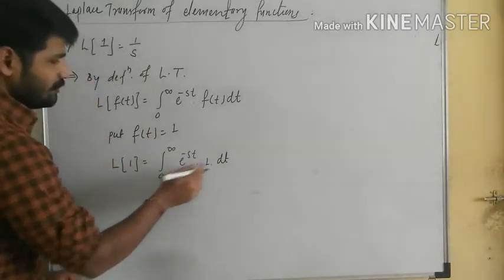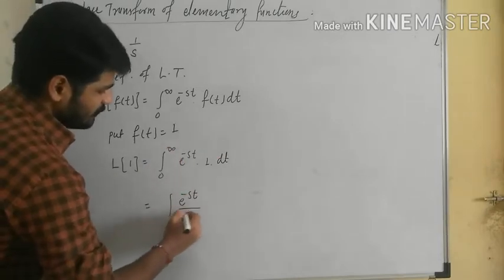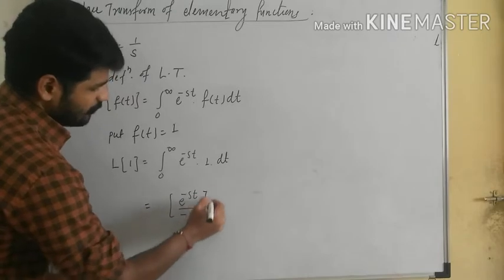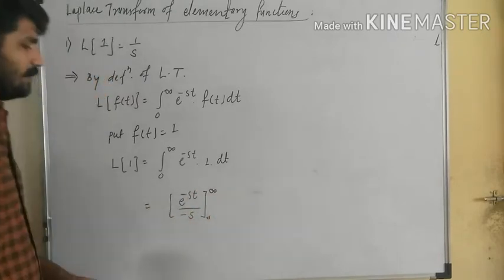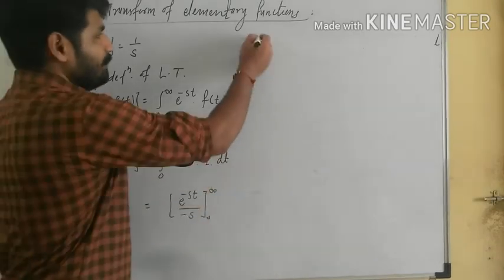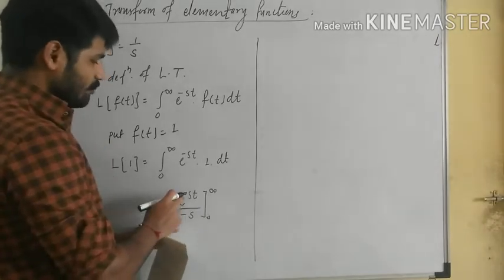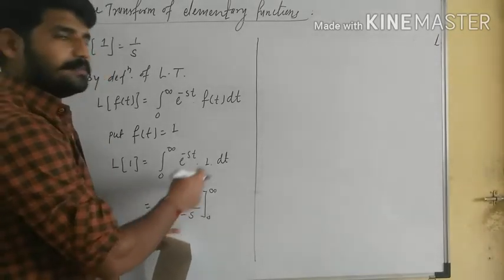Now taking integration with respect to t, we can write e raised to minus st divided by minus s, limits from 0 to infinity. Now these are the limits of t. So substitute the upper limit as well as the lower limit. If we put the upper limit, we get e raised to minus infinity, but e raised to minus infinity is 0.